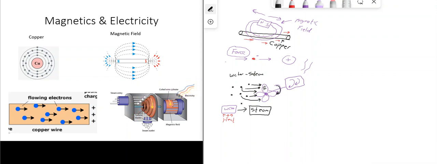Now, this is the basis of how electricity is generated. But the problem lies in this piece here. How do we generate the heat? So what are the different ways that we can generate the heat to boil the water? The most common thing that we're doing now is we are burning fossil fuels, so things like coal and turf.